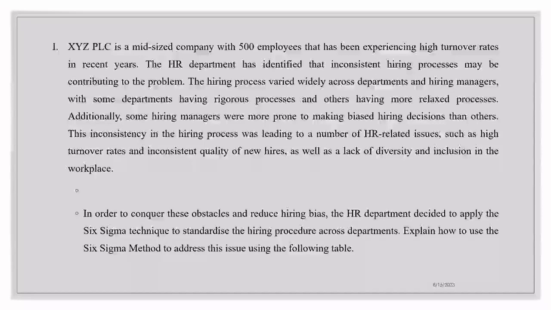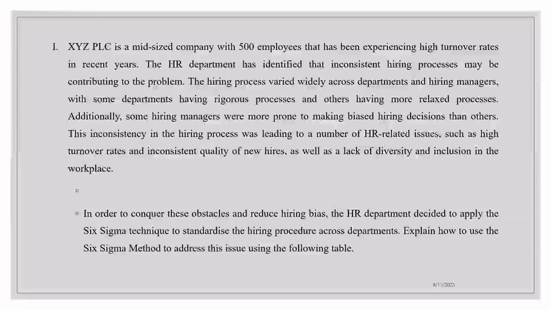That means they don't have any consistent recruitment process, and they have recognized that as the main reason. After data collection and analyzing the root cause, you can use the Pareto diagram and Ishikawa diagram to recognize the root cause for it. They have recognized the root cause. What is it?